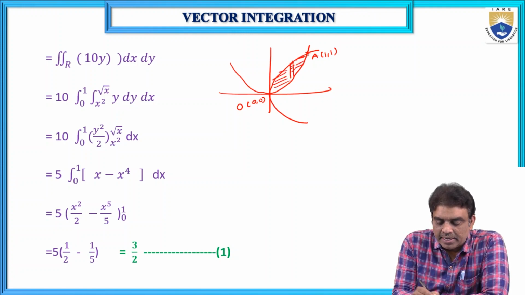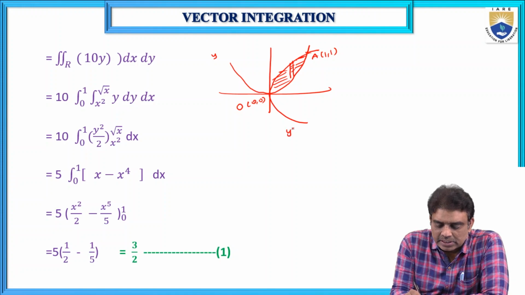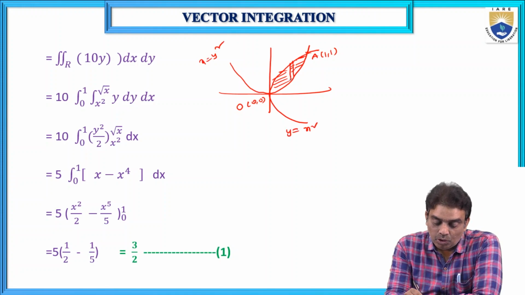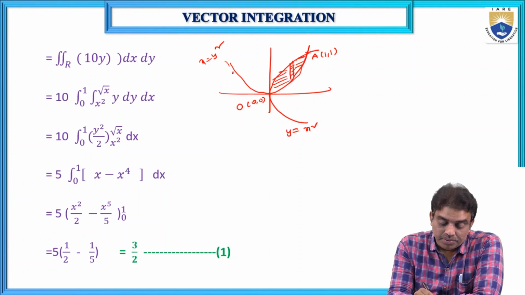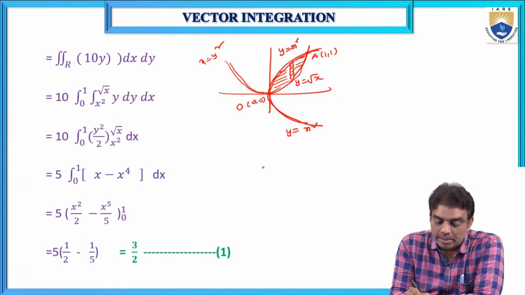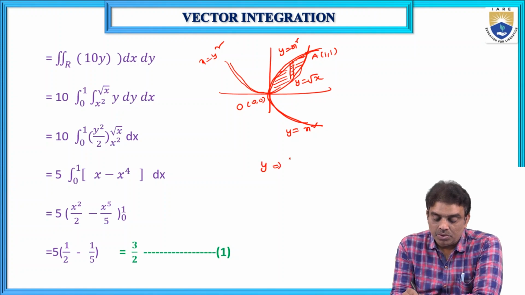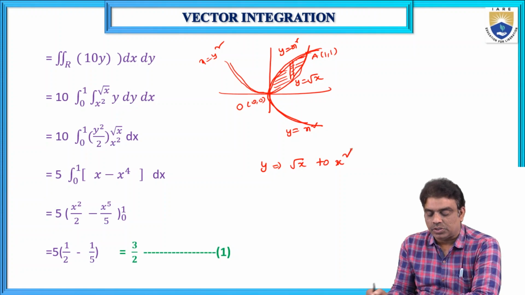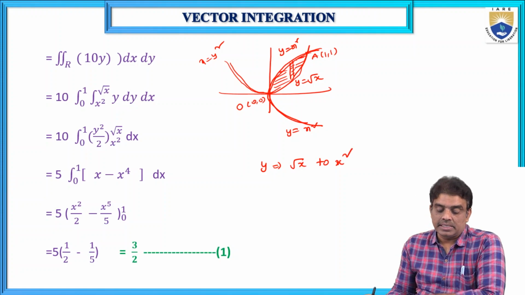This is the curve y equal to x square, and this is x equal to y square. The lower edge of the strip is on the curve y square equal to x, or y equal to root x, and the upper edge is on the curve y equal to x square. So the limits for y will become y equal to root x to x square. I hope this is clear.